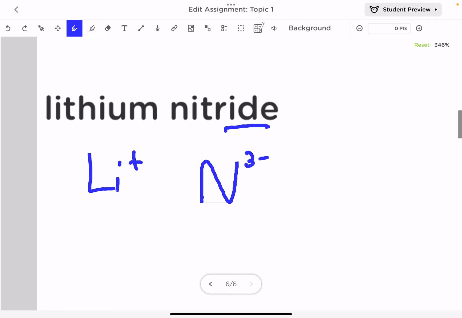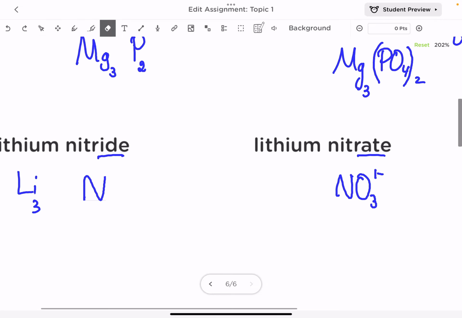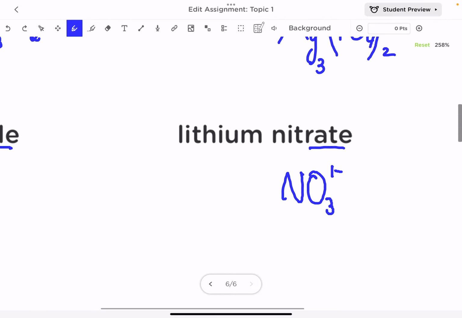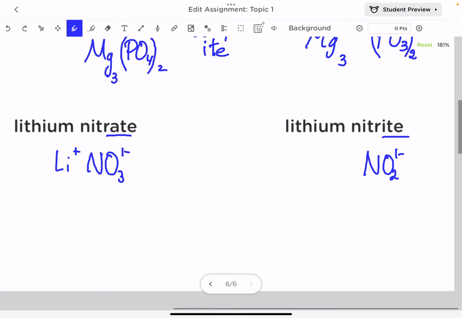So, as I mentioned here, the 3 will be transferred next to the Li, and you erase it from the side of nitrogen, and the plus you just ignore. So your formula is Li3N.